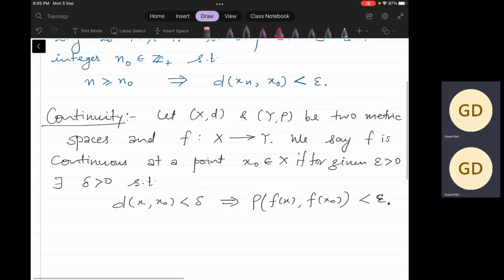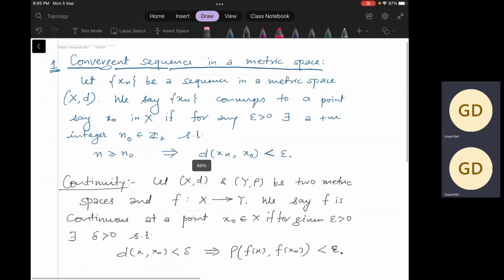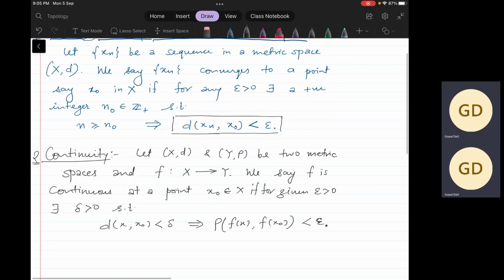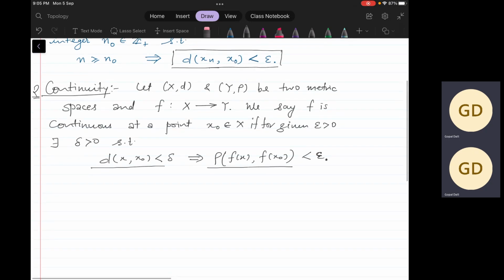So what we observe in these two definitions. This is the second definition. What we observe in these definitions is that they are dependent on the metric structure. Here you see we are using the metric on X. Here also we are using the metric on X and the metric on Y. So now let us ask a question.